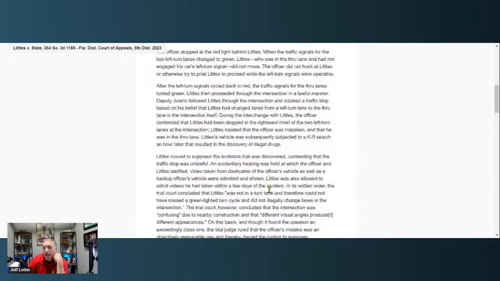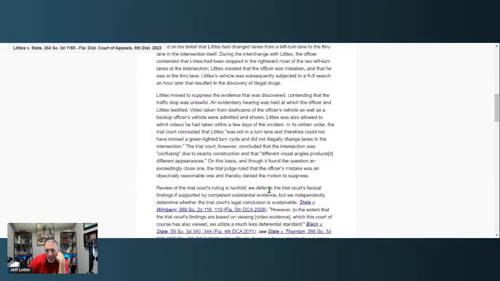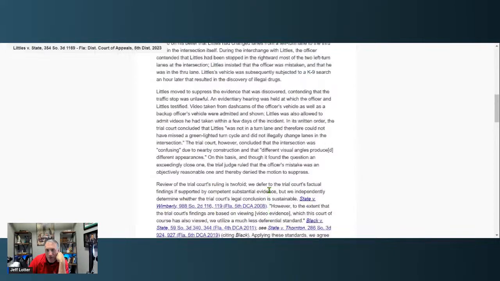The appellate judges here looked at this court's ruling, and the court tried to justify the officer's behavior by saying, in its written order, the trial court concluded that Littles was not in a turn lane and therefore could not have missed the green light cycle and did not illegally change lanes in the intersection.